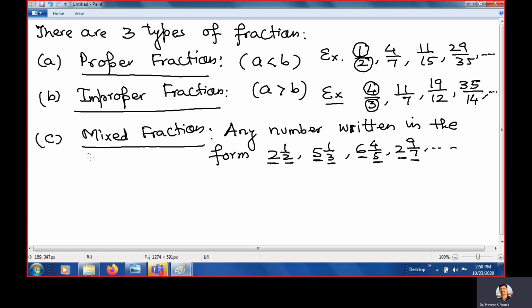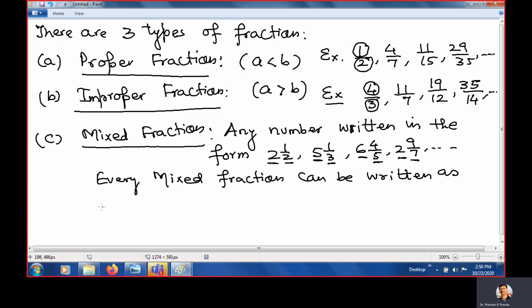Clear? And every mixed fraction can be written as an improper fraction. So what we are doing?